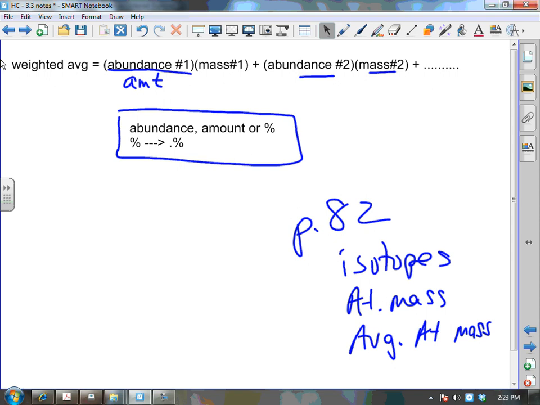Hopefully that gives you some background on how we report numbers on the periodic table, and how it's difficult to put a lot of numbers on there. So we're going to be very specific with the numbers placed there so that we have a clear understanding of what we're using.